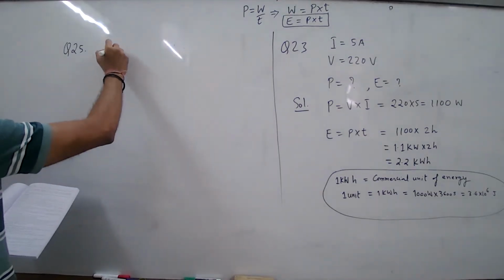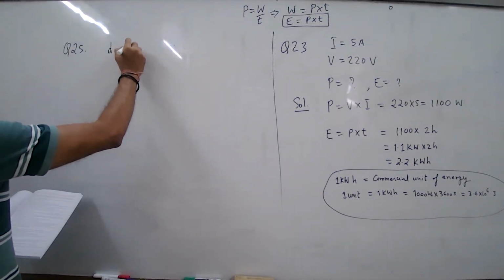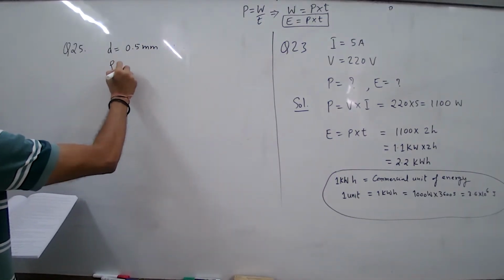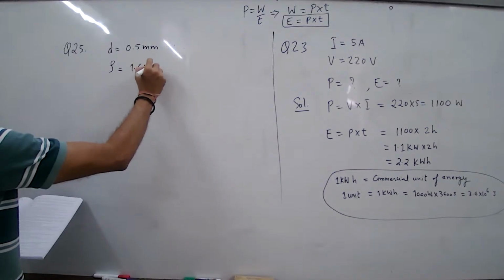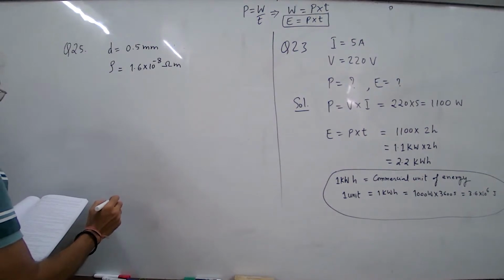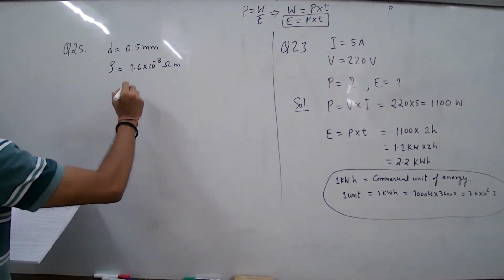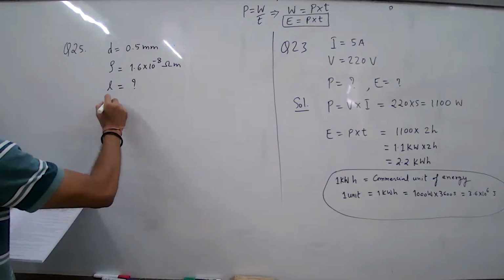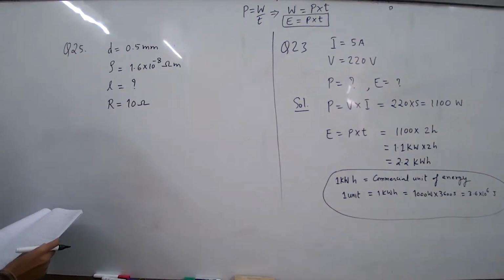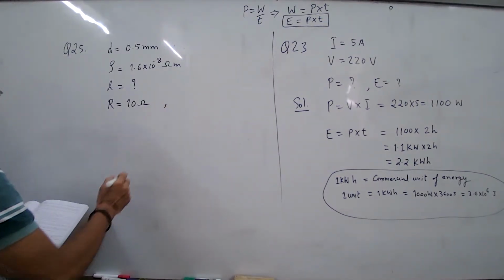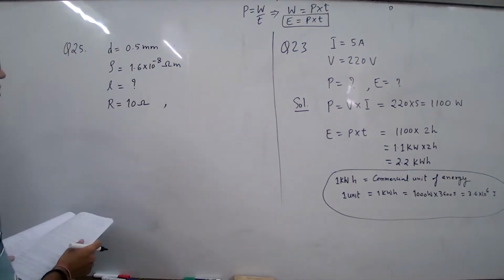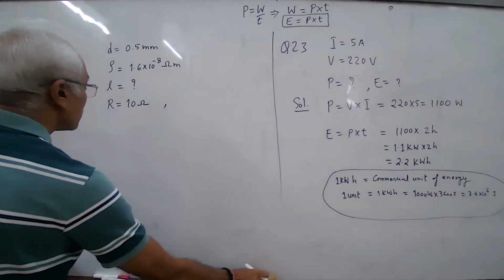What is given is the diameter of the copper wire is 0.5. The resistivity is given. What will be the length of this wire to make its resistance as given? This is the first part. How much does the resistance change if the diameter is doubled? The second part we'll see later. First, let us solve this.